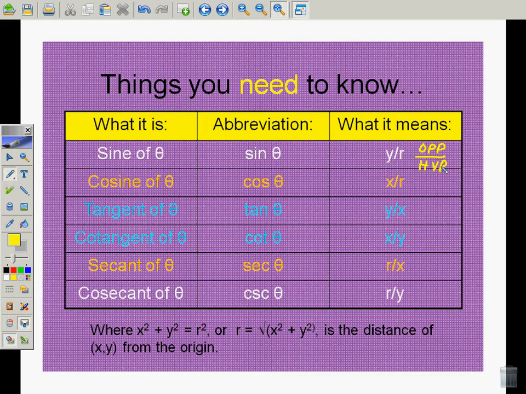We, of course, are talking about SOHCAHTOA. Sine is opposite over hypotenuse. Well, then the cosine is going to be adjacent over hypotenuse, or x over r, and the tangent is going to be y over x, or opposite over adjacent.